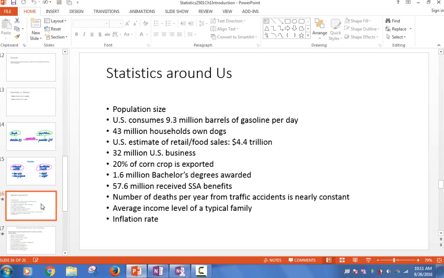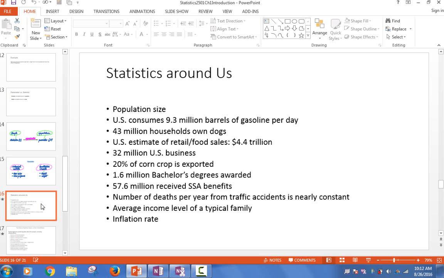Okay, so the per year number is more or less constant. Who would care about that? Well, insurance companies for sure will care about that, because when they look into what they should be charging everybody, that's one of the things that they will need to know.